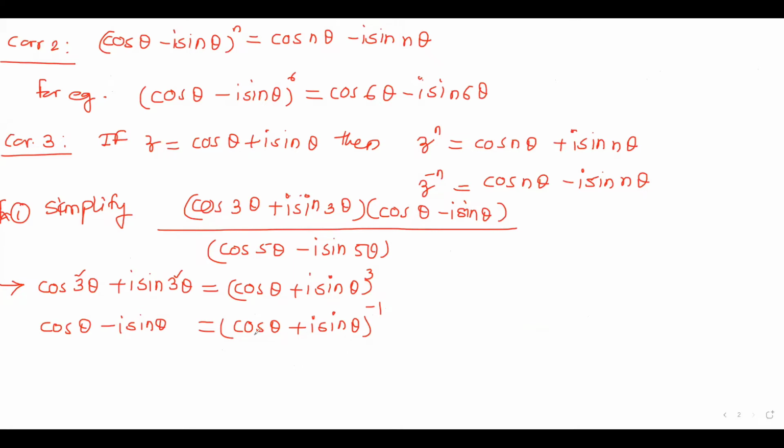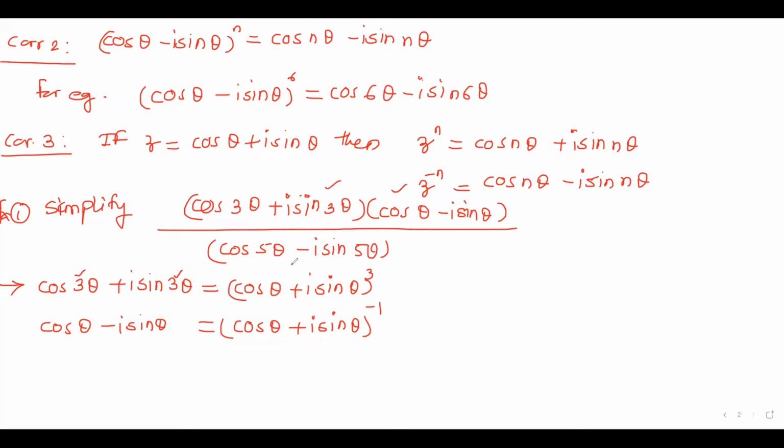In this case it is cos of minus theta minus i into sine of minus theta, right? Cos minus theta is cos theta and sine minus theta is minus sine theta. So that minus and this minus become plus, right? And therefore this term also simplified.